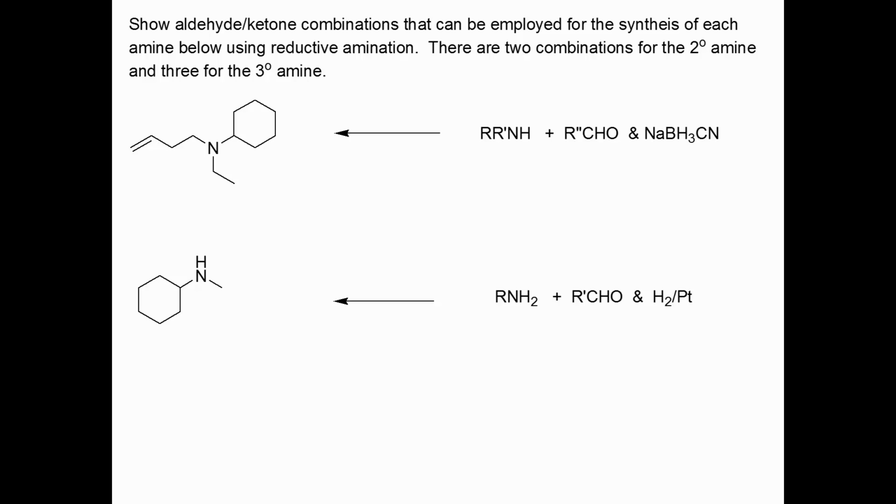Let's look at each one individually. We could form either bond A, bond B, or bond C in this reaction, and let's look at each one of them.